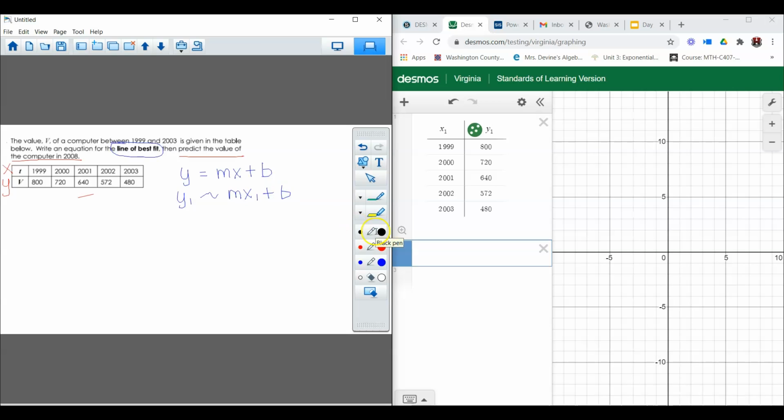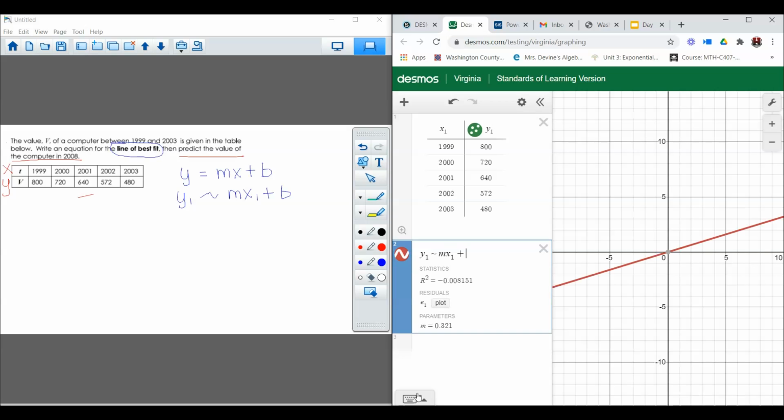So I'm going to come over here and type that in. So y1 squiggle mx1 plus b. I get that my m is negative 78.8 and that my b is 158,321. So we will come over here now and plug that in.